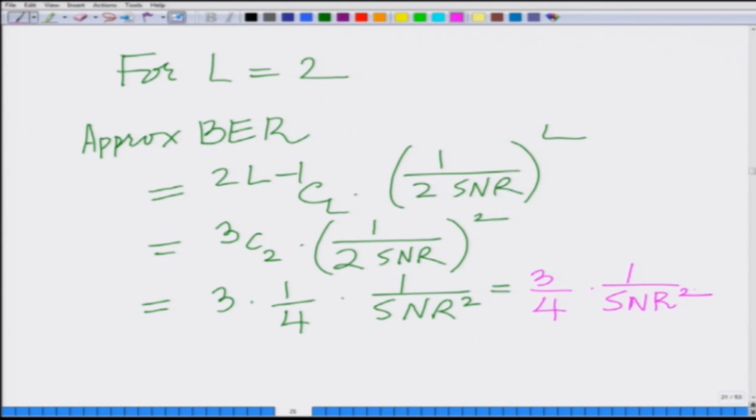So, for L equal to 2, the approximate average bit error rate at high SNR is given as 3 by 4 times 1 over SNR squared.